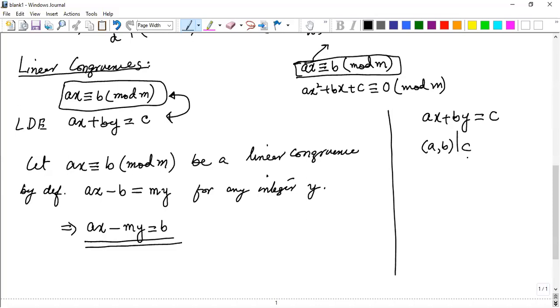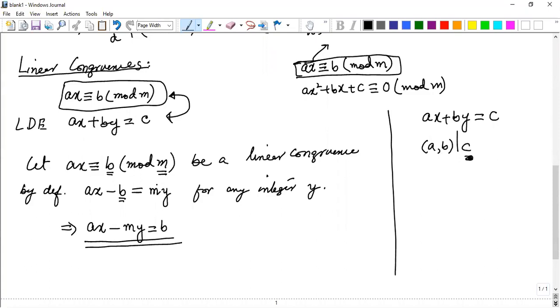The role of c in the linear Diophantine equation, sorry, c is b actually in the linear congruence.